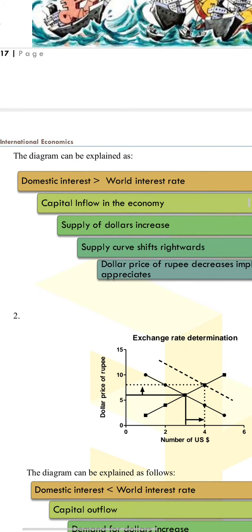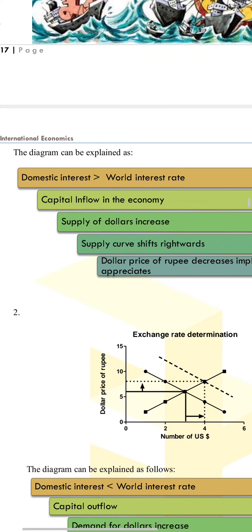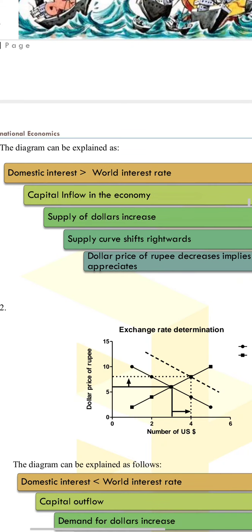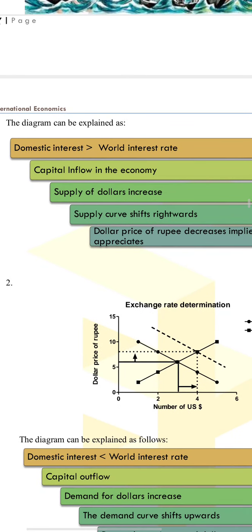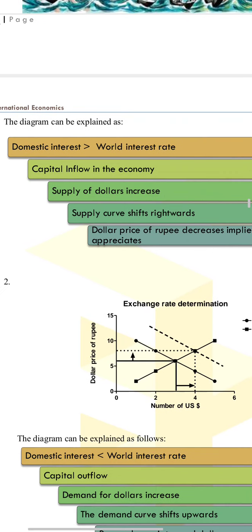Capital inflow comes into the economy, the supply of dollars increases, the supply curve shifts rightward, and the dollar price of rupee decreases, implying that the rupee appreciates. When you are taking money from outside, so domestic interest rate is greater than world interest rate, then there is capital inflow in the economy, and the supply of dollars increases.